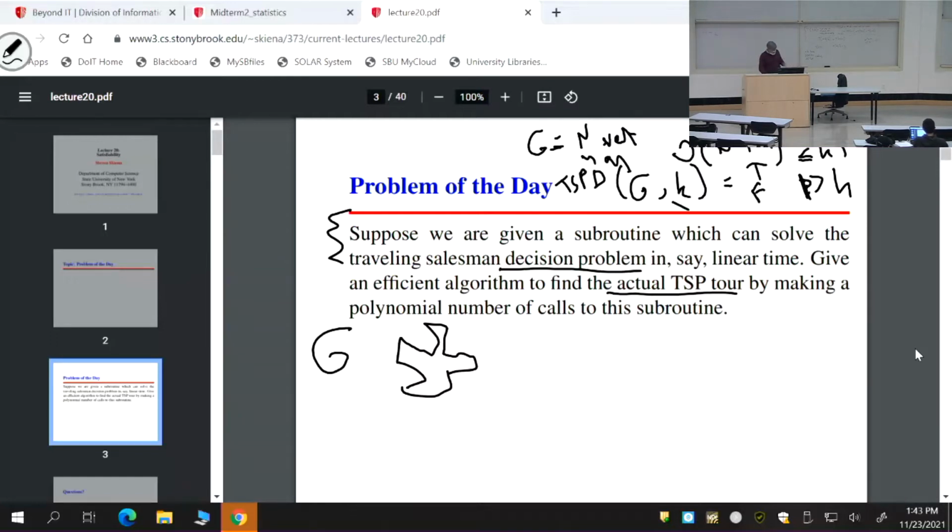Okay, so what I could do is say, certainly the weight of a TSP tour is going to be somewhere between 0 and the sum of the weights of all edges.